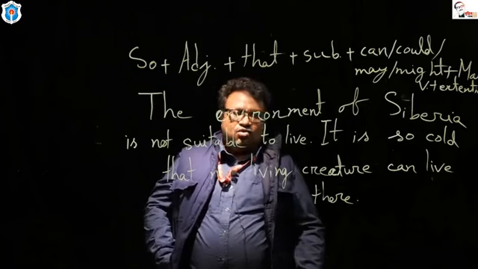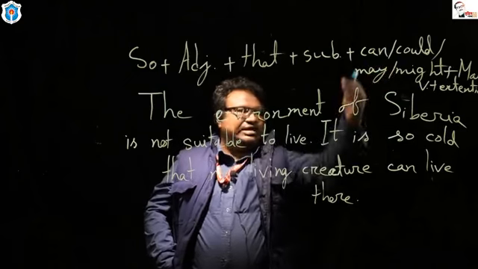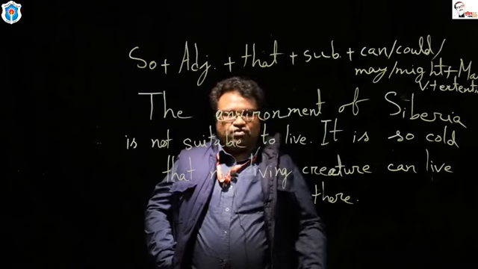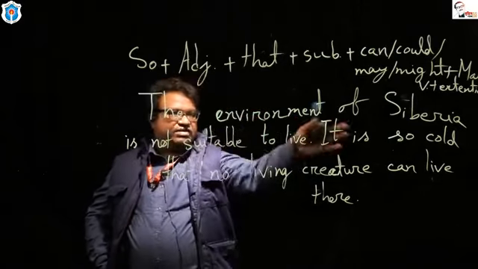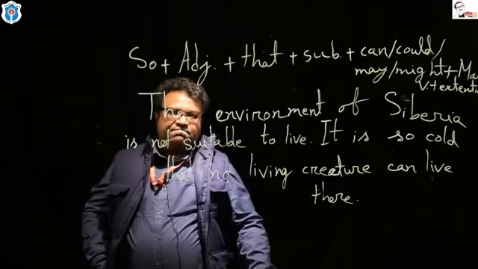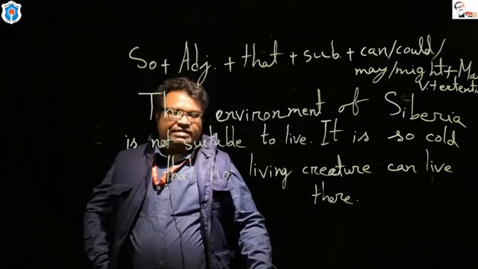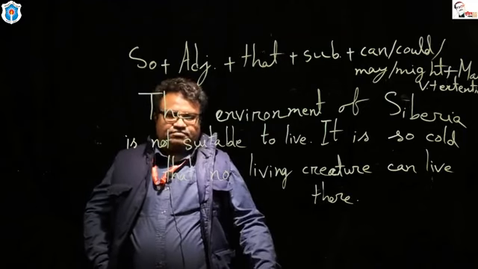Now, where will we use can or may, and where will we use could or might? Of course, if the other part will be the environment of Siberia was not suitable, it would be in past tense, then we may use could or might here.